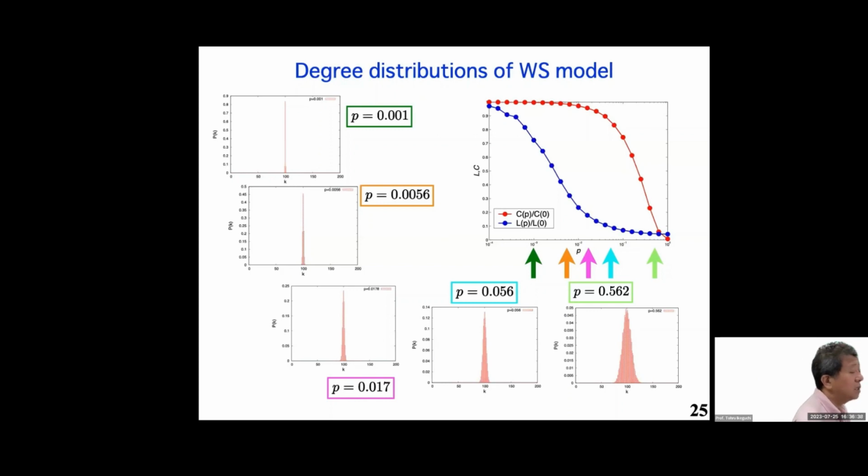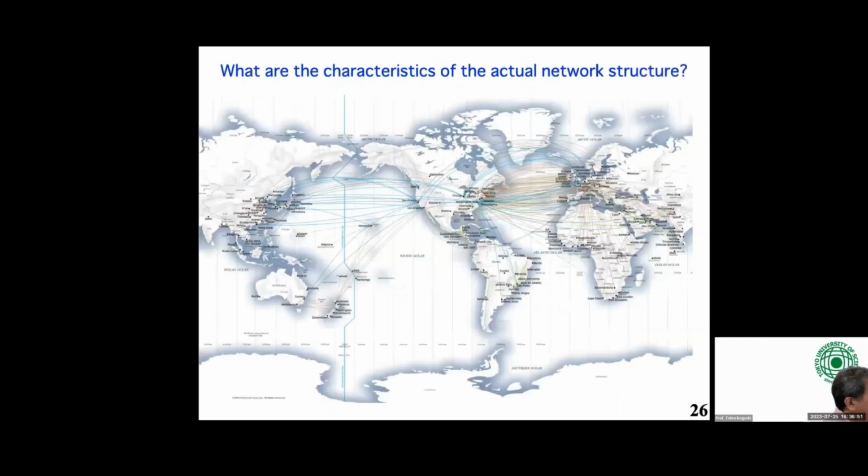Then what are the degree distributions of actual networks? To think about this point, let me show you some structural characteristics, or visualizations, of real networks. For example, this is an aeronautical network chart of an airline company in the United States.